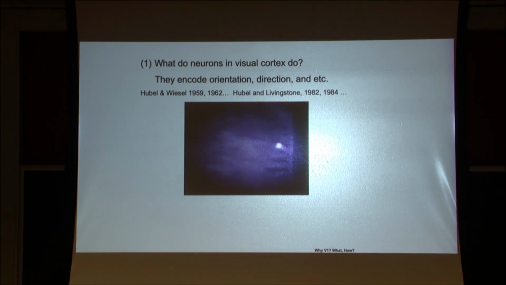Who has heard of Hubel and Wiesel? It's almost one word now. They were at Harvard in the 60s, and they really laid the foundations for the study of the visual cortex, but really laid the foundations for many, if not most, people's thinking about what simple computations in the cortex might look like.